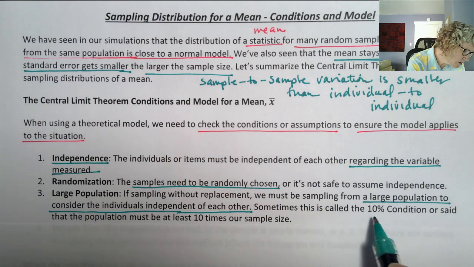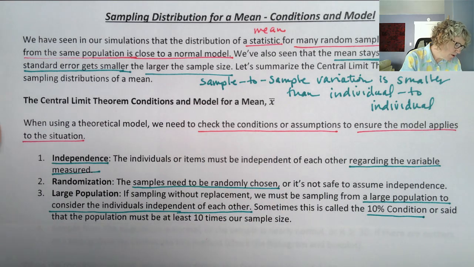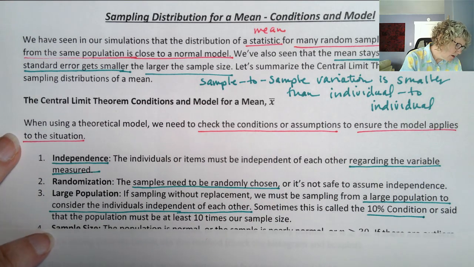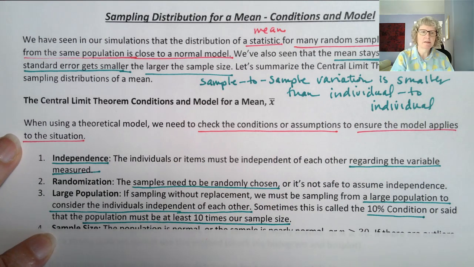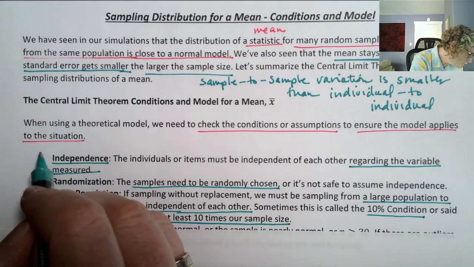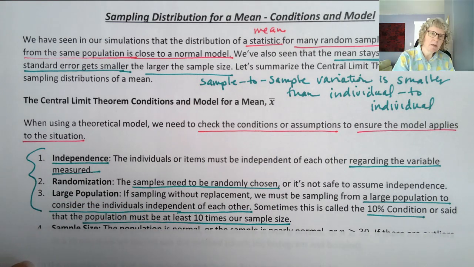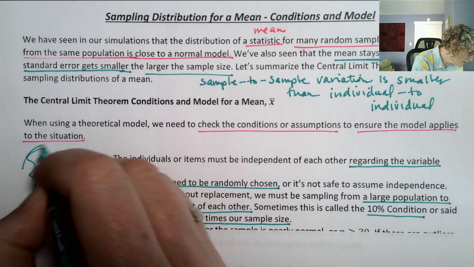Okay, so sometimes this is called the 10% condition, or we've been calling it the large population. The population must be at least 10 times our sample size. Okay, so these first three are the same as for proportions, okay?